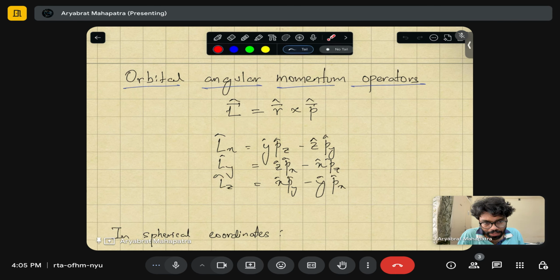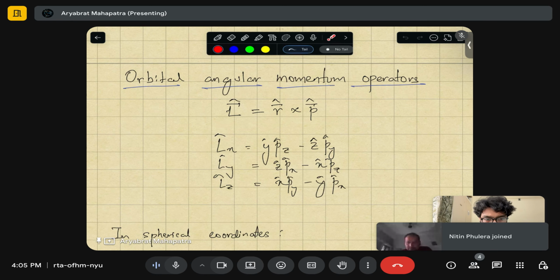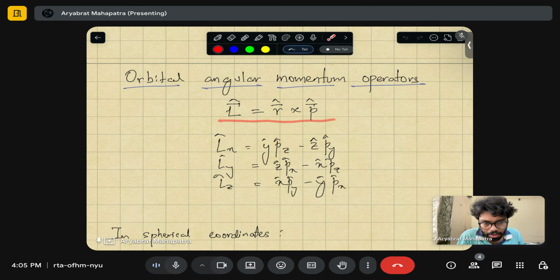But in quantum mechanics, as we know from the first principles, any physical observable we promote to an operator. So classically, angular momentum is the cross product of the position vector and momentum vector.